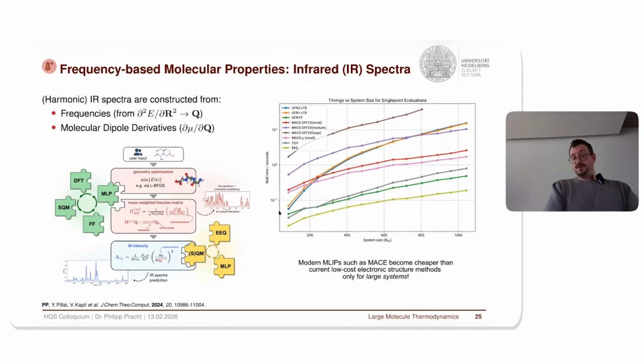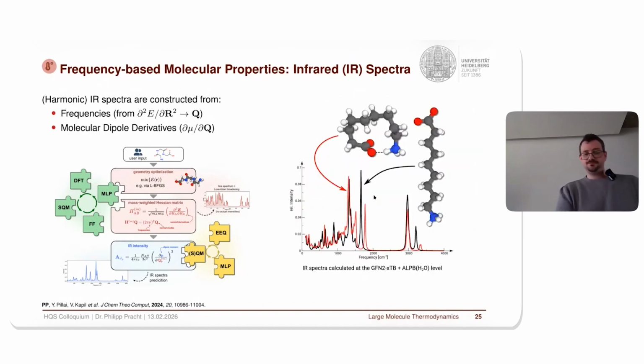Computationally cost-wise, on the bottom here, you have the system size versus the wall time on a logarithmic scale. Semi-empirical methods are these two, GFN1 and GFN2-xTB. These three here are the machine learning interatomic potentials, and on the bottom here, these are force fields.